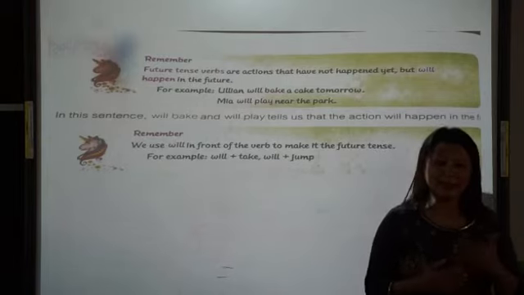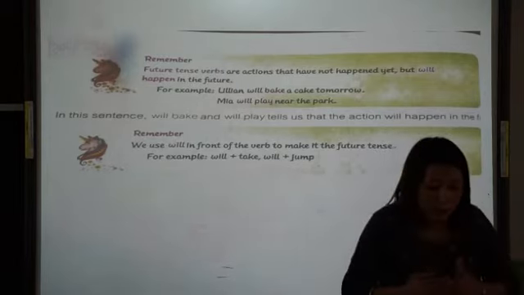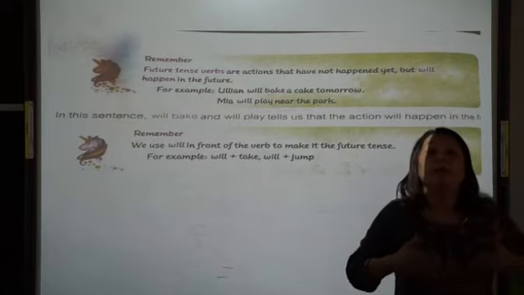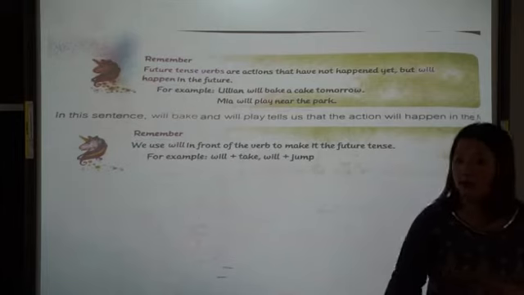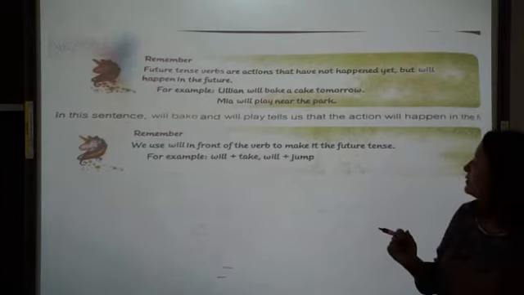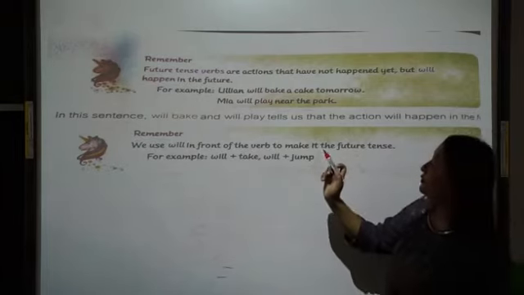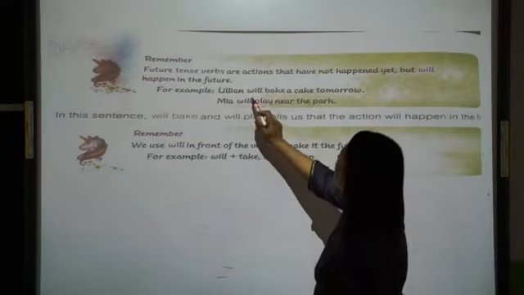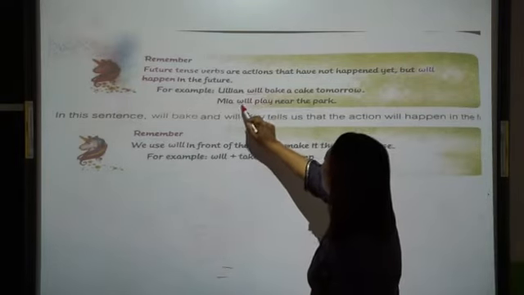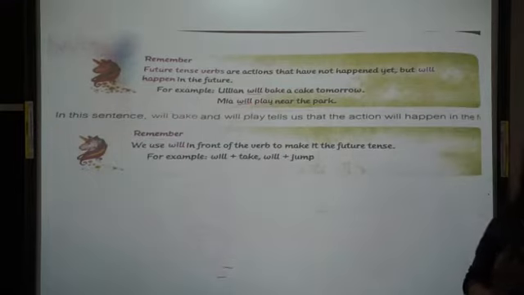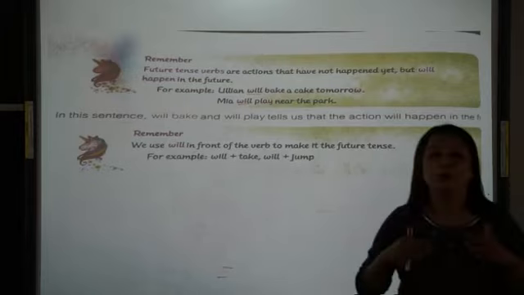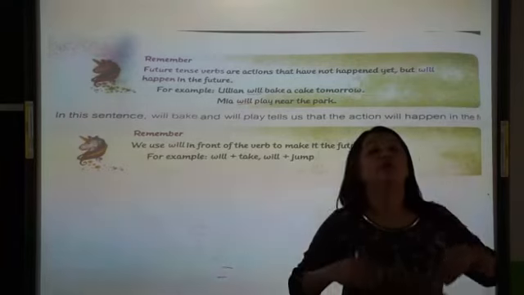So in this case, the verb simply begins with will. So in future tense, the verb simply begins with the word will. Future tense verbs are actions that have not happened yet, but will happen in future.